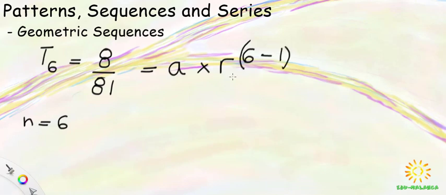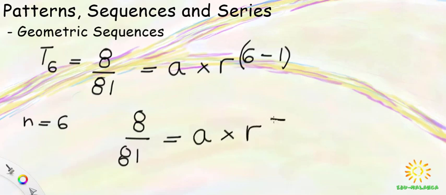We'll then be able to simplify the powers of R. We'll get 8 over 81 is equal to A times R to the power of 5.